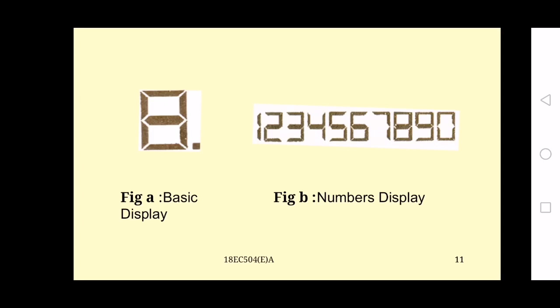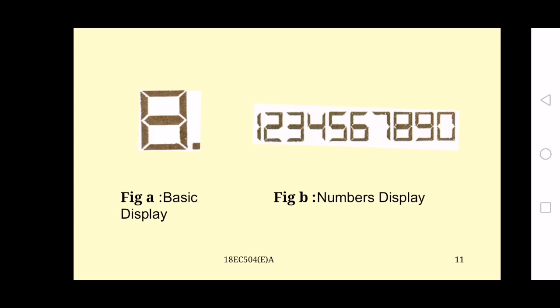Based on the decoding signals, BCD to 7 segment, different segments are switched on and off, and in that case we get different numbers on the display. Suppose this middle one is off, then you get the 0, like that.